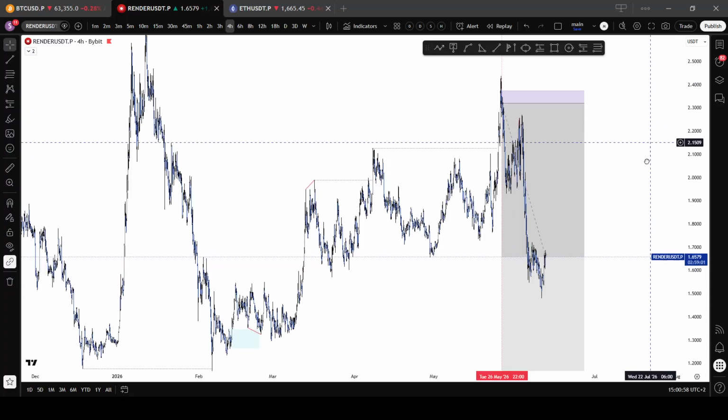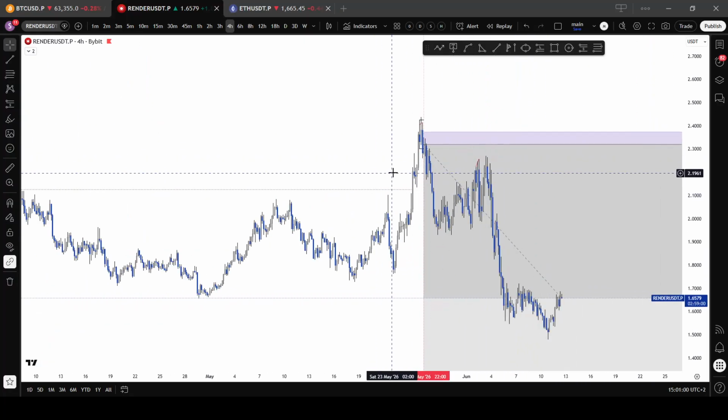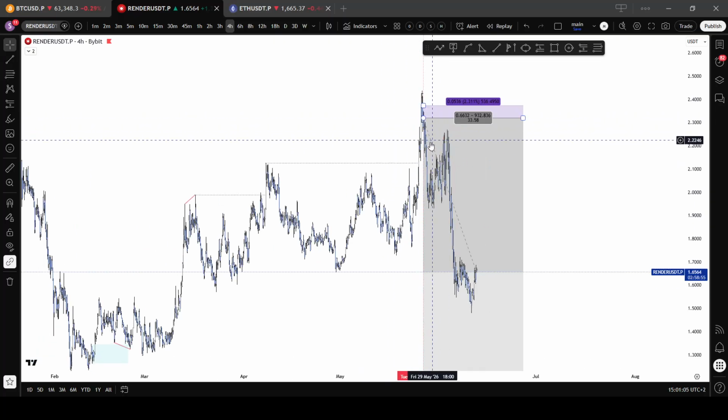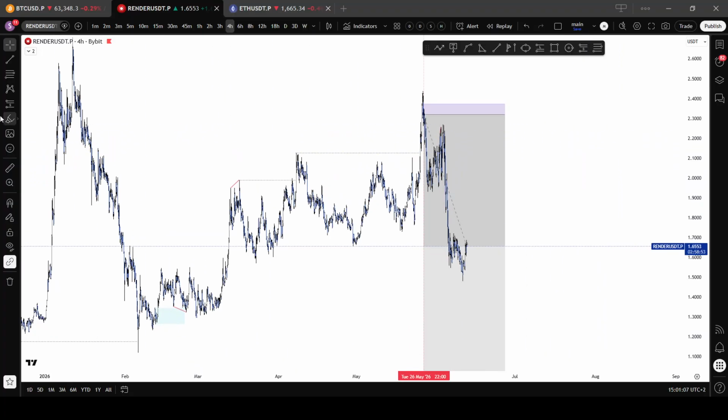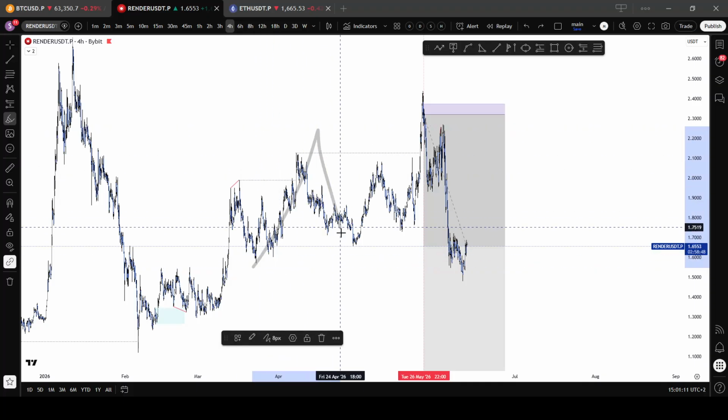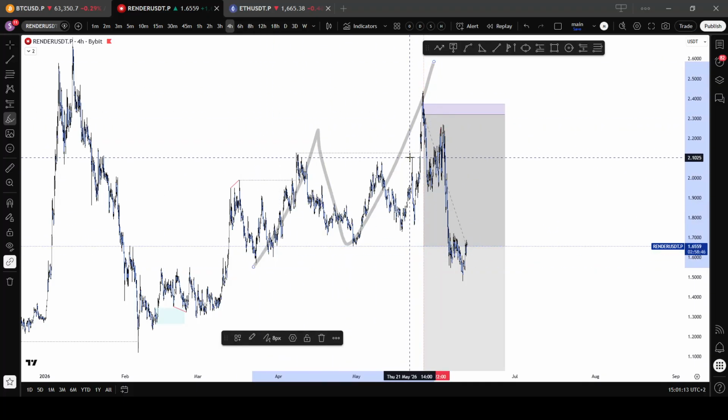And basically, when we got this pump to the upside, you could have thought that we're going much higher. It looks like we're breaking out of this range. And here we also create some kind of demand.